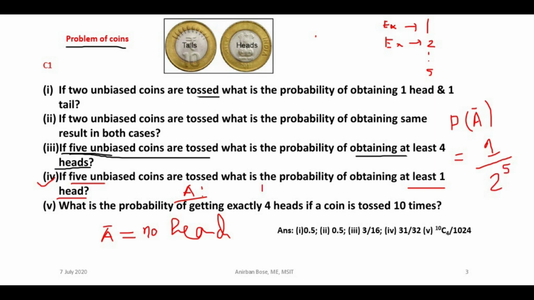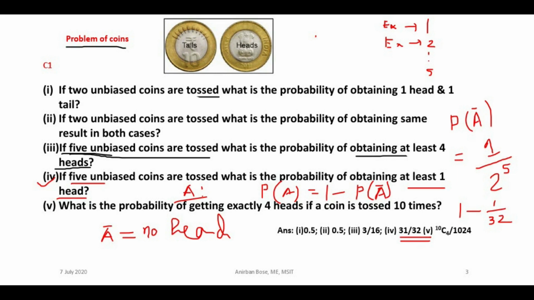So now you know P(A complement). So P(A) will be equal to 1 minus P(A complement). This is the formula that we have seen earlier in the first page, so we can use it here. So your answer will be 1 minus 1 by 32, or 31 by 32. So this is the answer.